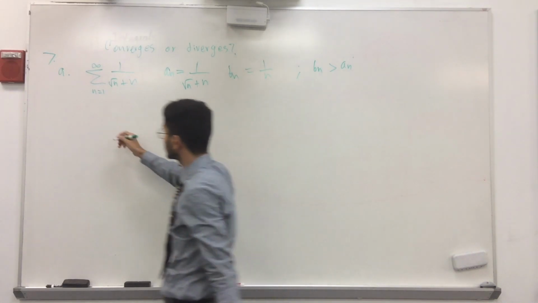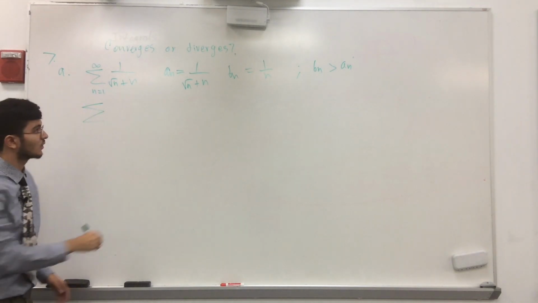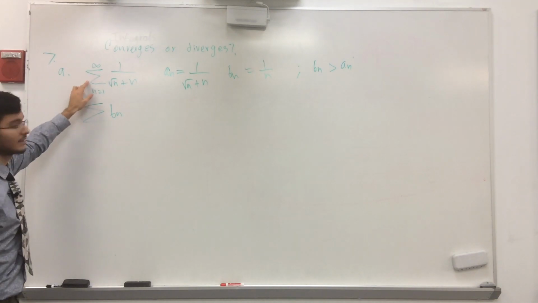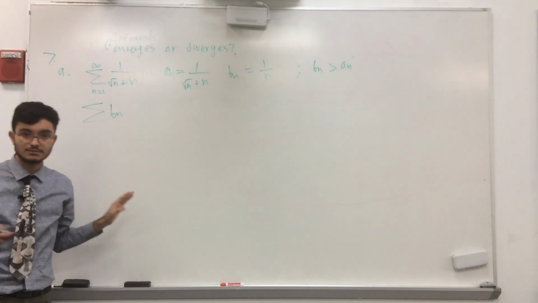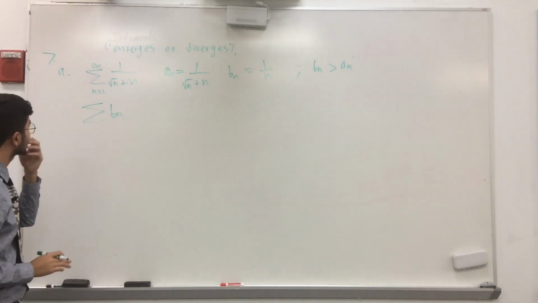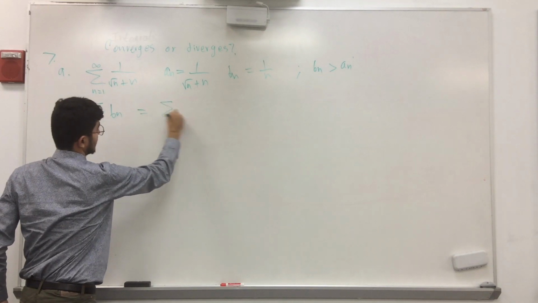We know that the series, the sum, sigma of b sub n, and remember that sigma b sub n is basically the sum from 1 to infinity. This is just standard mathematical form. I like it because it's sweet and simple, not complicated. Sigma of b sub n is nothing but sigma of 1 over n.